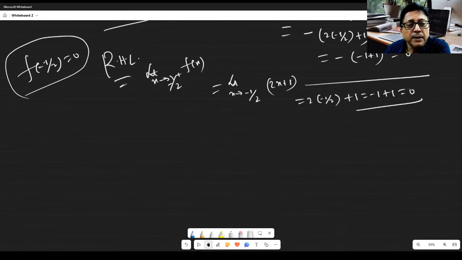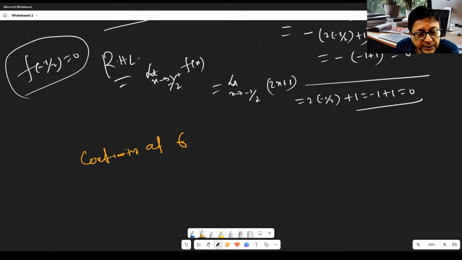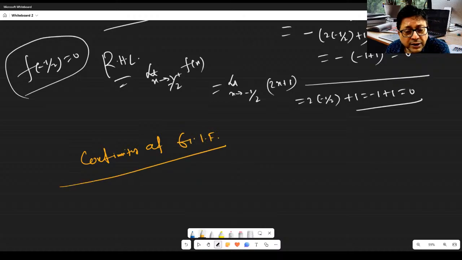Analytically, if it is required, you go by this method. Okay. Now let us do continuity of GIF, greatest integer function. Let me plot the graph. Let me remind you the graph. If you remember, it's fine.